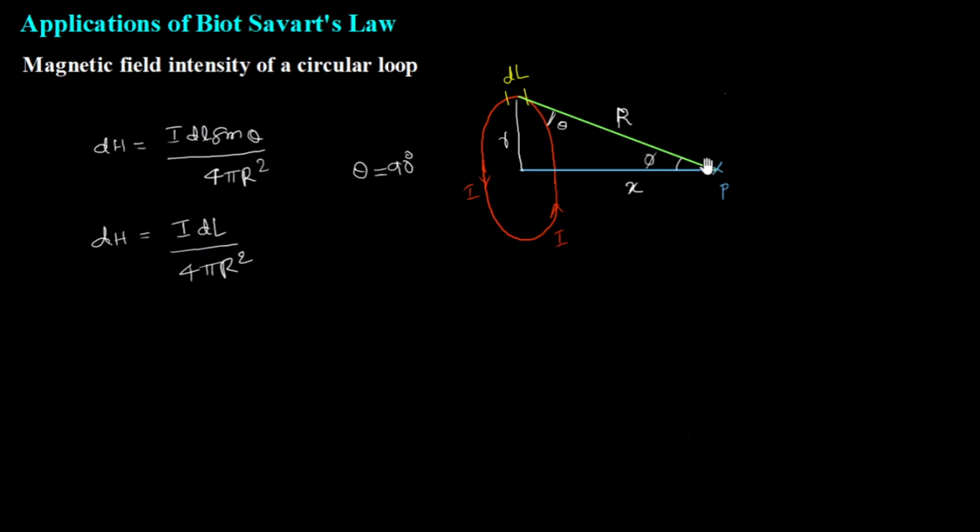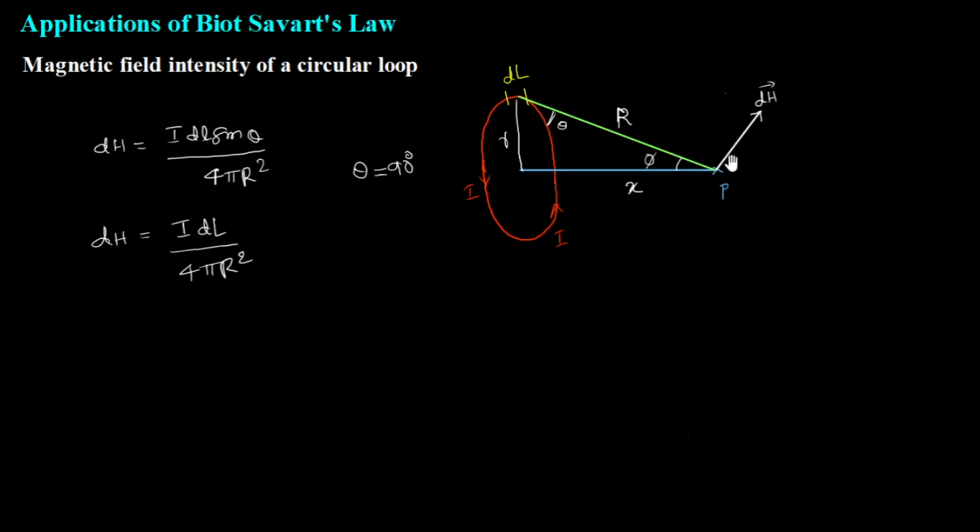Here I consider the direction of dH normal to the path joining this differential length and point P. So my dH will be something like this. This is the assumed direction of dH. This is just an assumption.